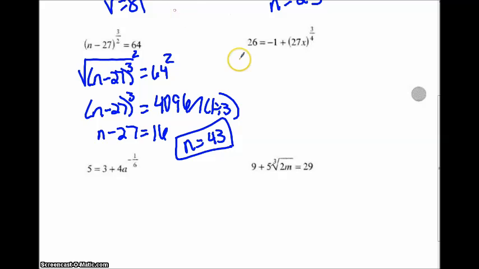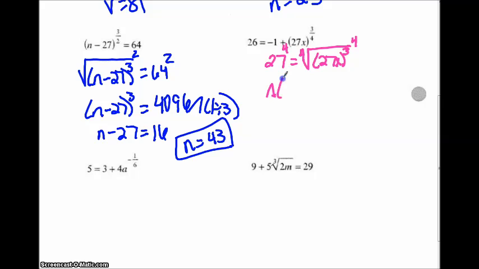On this next one, I would actually move the 1 to start with, and so this gives me 27 is equal to the 4th root of everything in here is to the 3rd. 27x to the 3rd. So put your 27x in parentheses because it's all to the 3rd. So we're going to raise it to the 4th power. 27 to the 4th is going to give you 531,441.